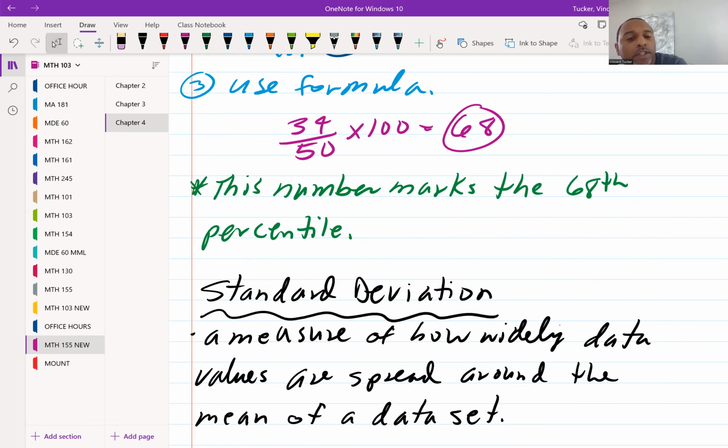All right. Standard deviation is a measure of how widely data values are spread around the mean of the data set.